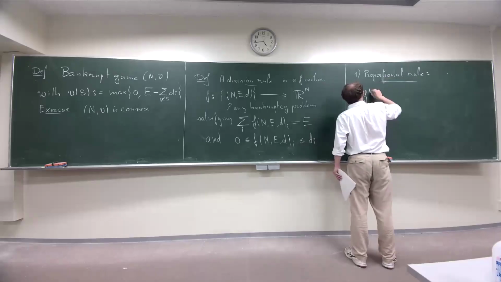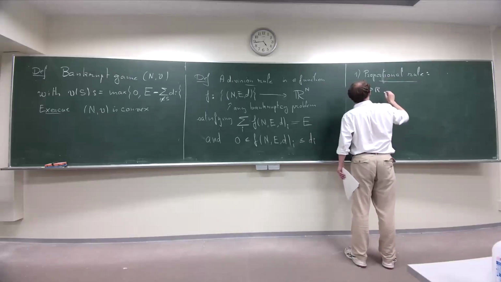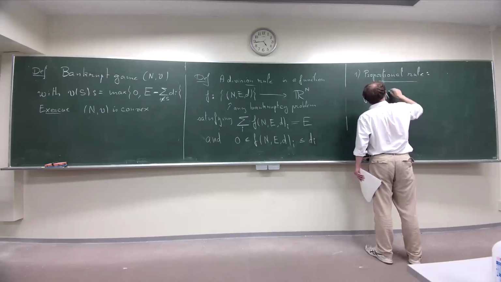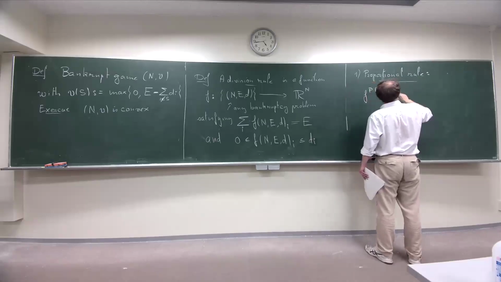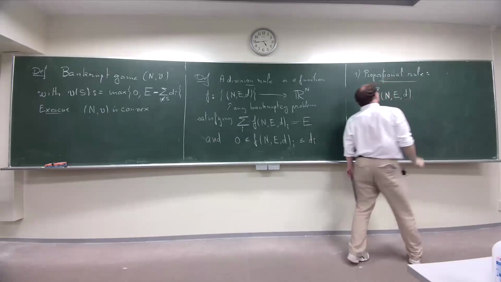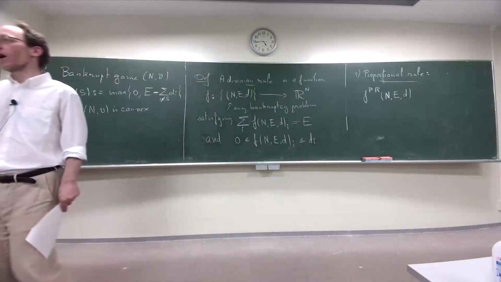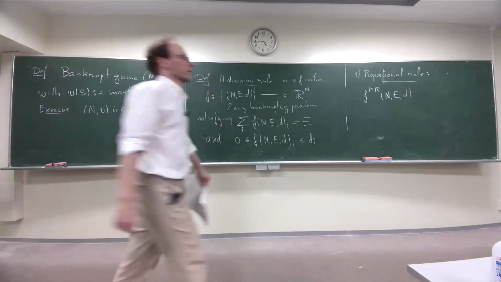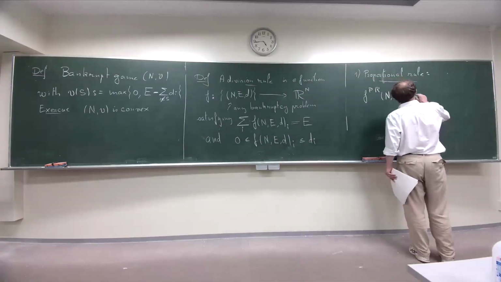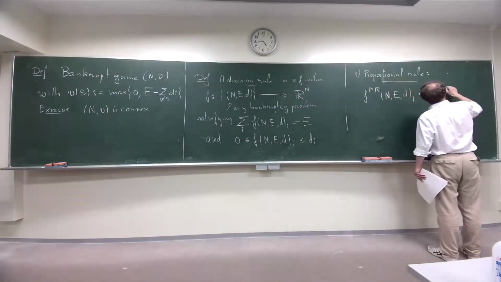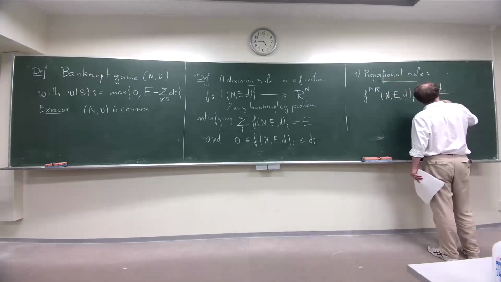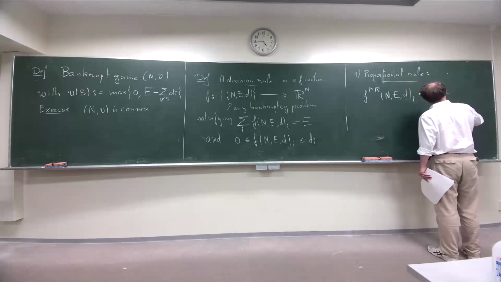So F of, I call it PR for proportional, of (N, E, d). So you're going to receive something which is proportional to what you want. So this is the simplest one. You take d_i divided by the sum of d_j.